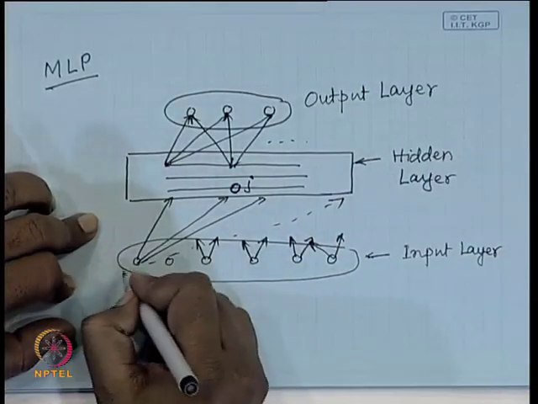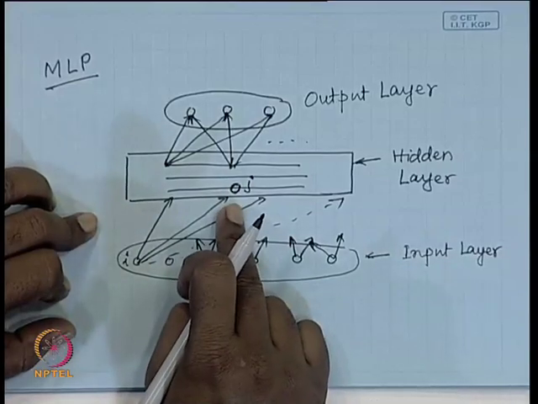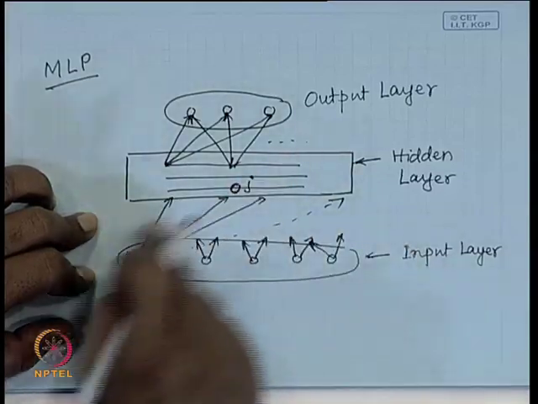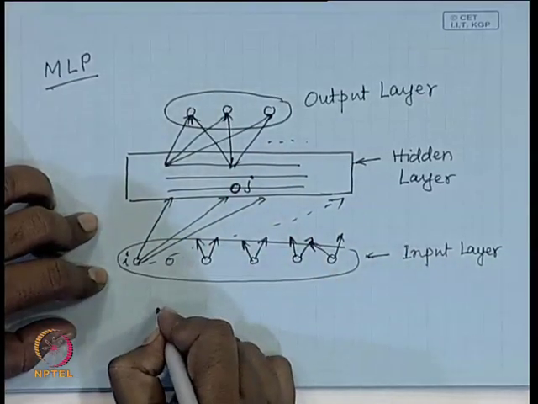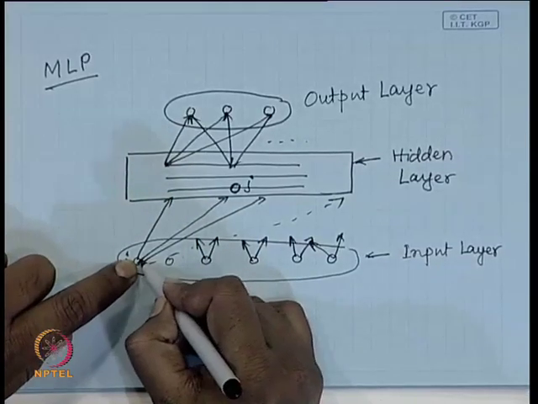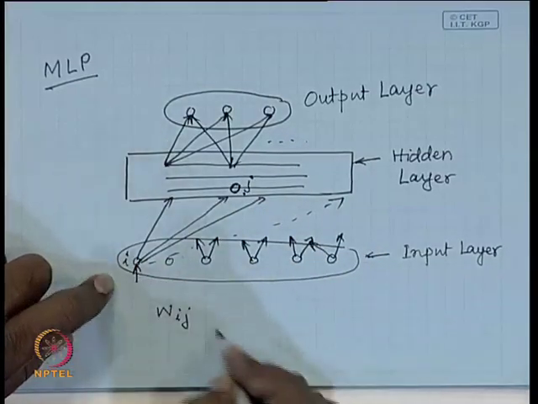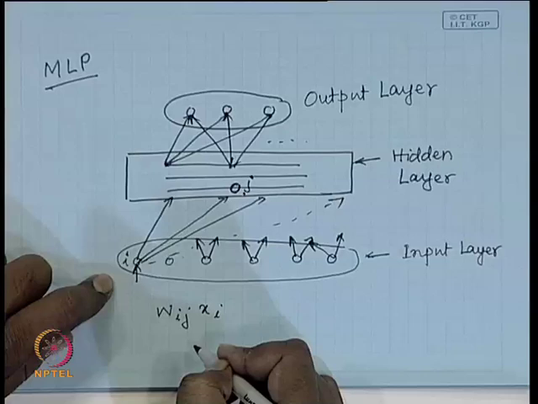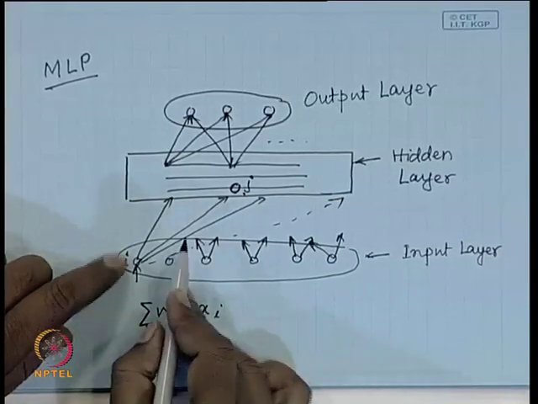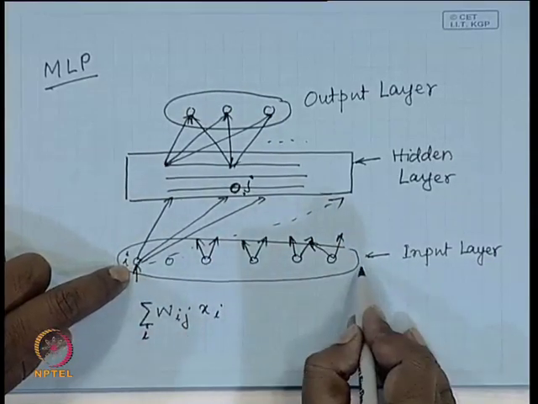So, let us take a particular node, say the ith node. To the jth node, the total sum of inputs coming from the ith nodes will be given by Wij, the connection weight from the ith node to the jth node, times the input to this, let us say xi, summed over all i, because this node is getting inputs from every node in the previous layer.